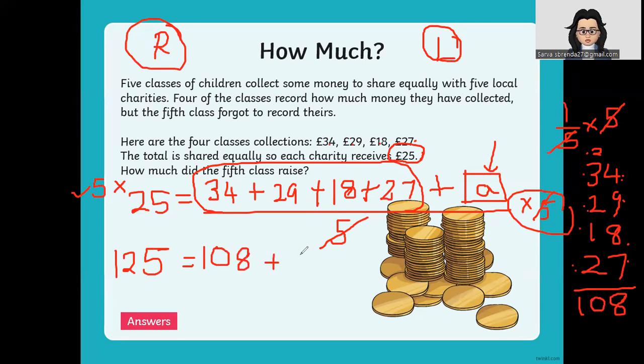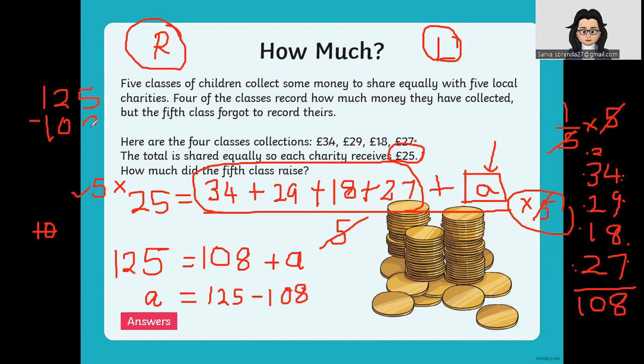And don't forget, you still have your A. So now it becomes a simple question of an unknown. 108 plus something gives you 125. How do I find my unknown? How much was added to 108? You have to take that 125 and minus 108. So you do the standard written method at the side. 125 minus 108.